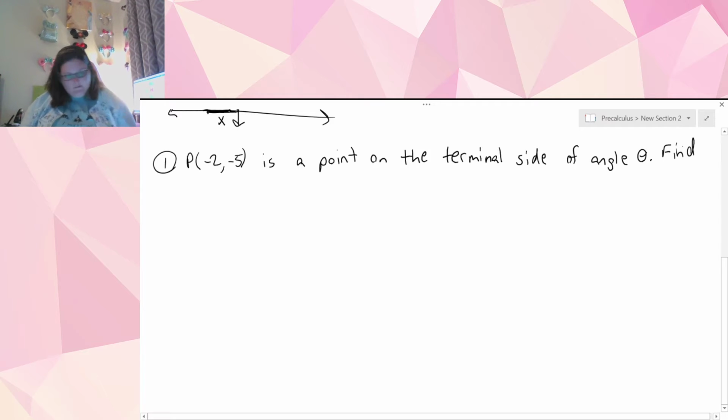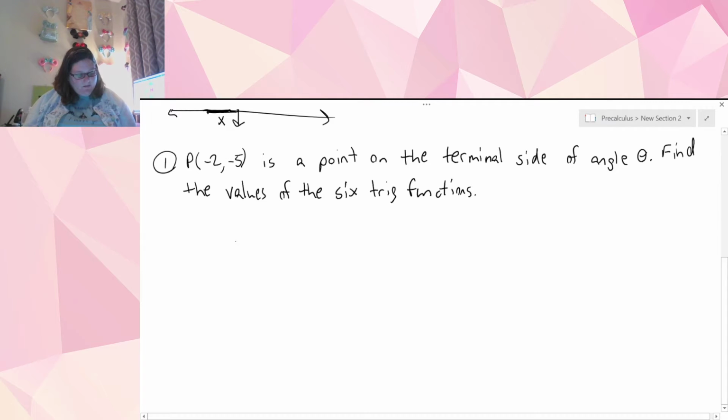Find the values of the 6 trig functions. Okay, so first thing I'm going to do is graph that point. So (-2, -5) is going to be somewhere down here. Okay, this is (-2, -5).